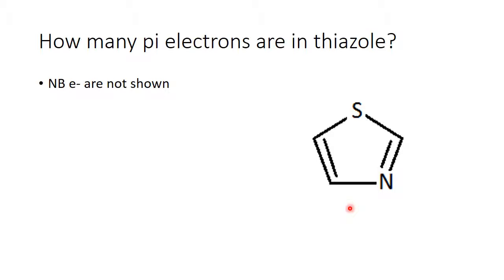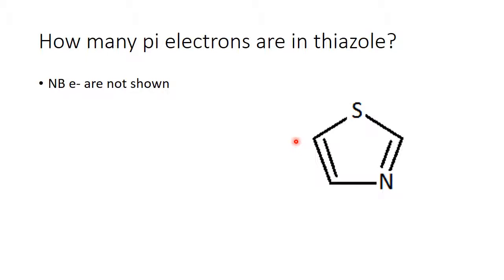Okay, how many pi electrons are there in thiazole? Realize the non-bonding pairs are there, they're just not shown. Well, the first thing I would see is that the sulfur must have 2 non-bonding pairs. And because there are double bonds on either side, one of them must be in the pi system. So 2 electrons from sulfur.